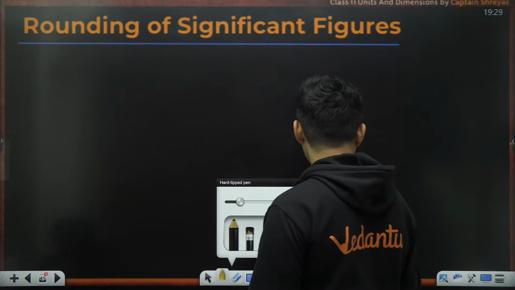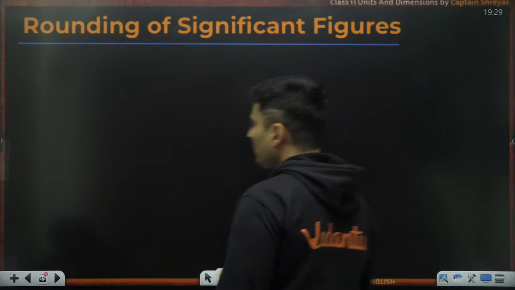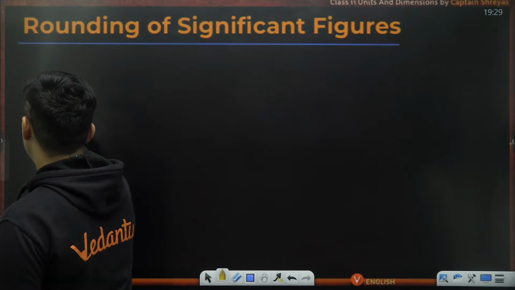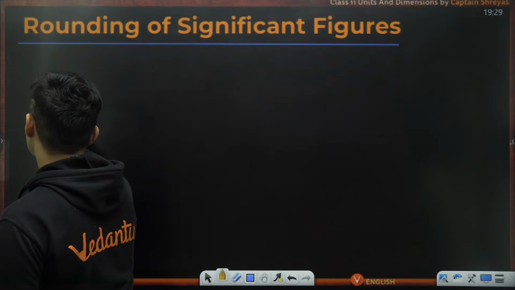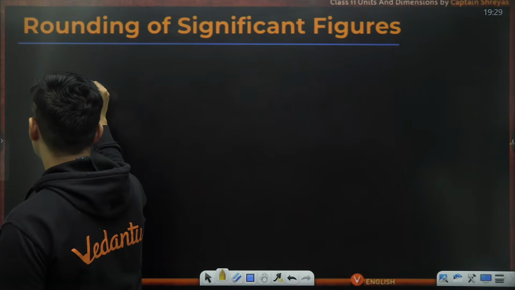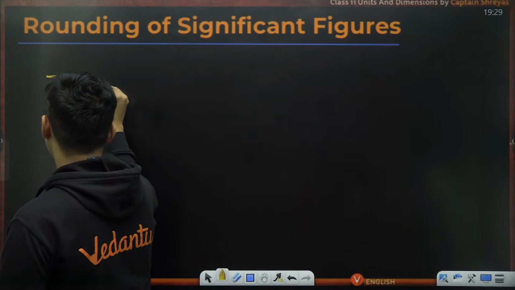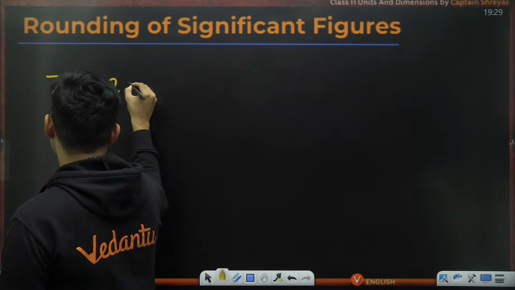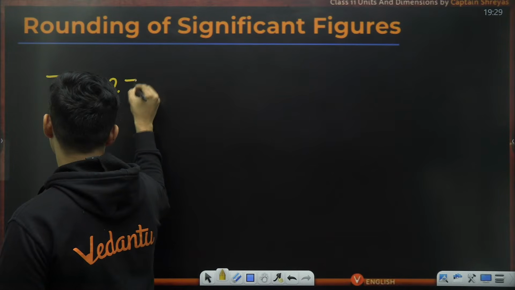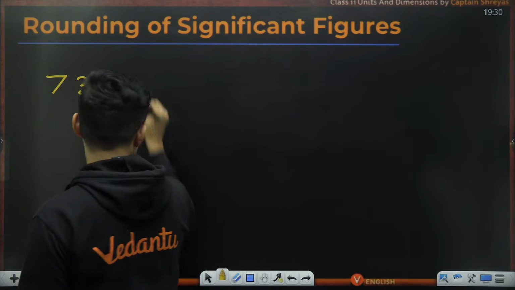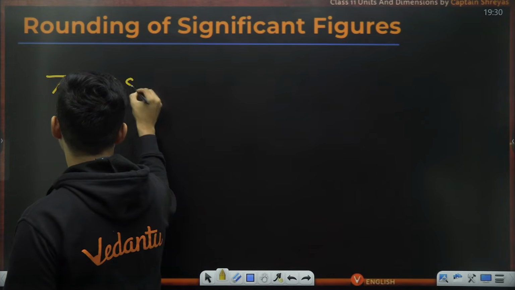Observe this carefully. Say, for example, you have a number like 73.27, or let's say 73.28.